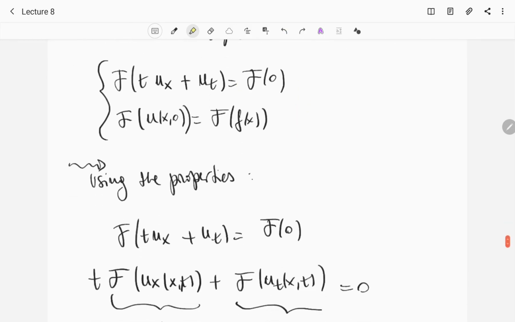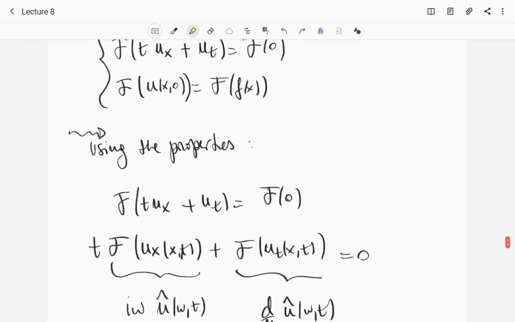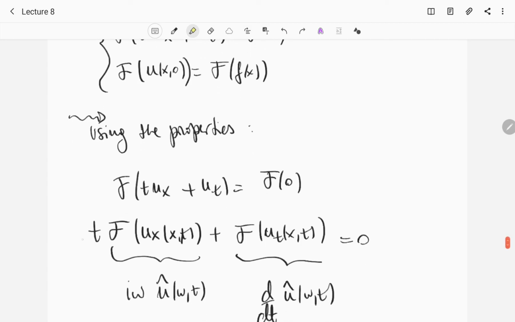And remember, we are Fourier transforming with respect to the variable x. So t is a number for this Fourier transform operator, let's say. That's why this t goes out of the Fourier transform because of the linearity. And this plus is there because of the linearity.